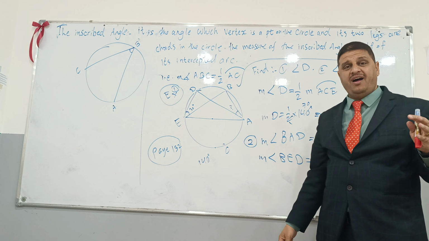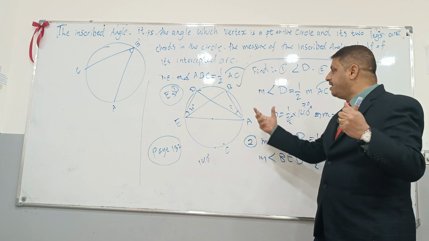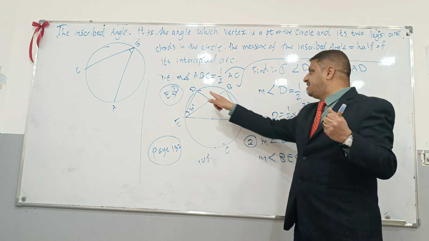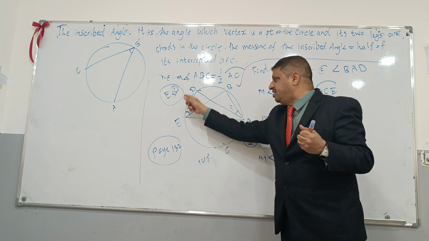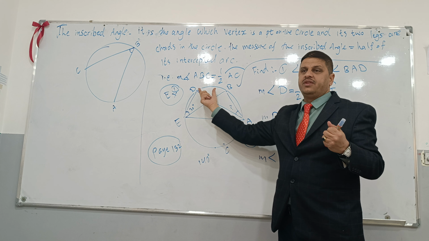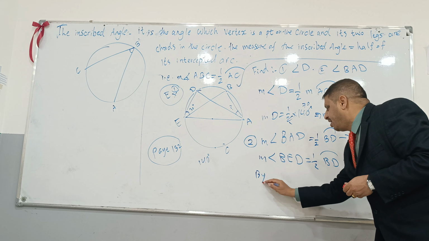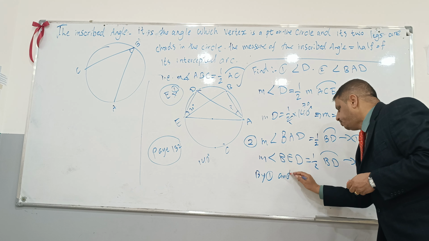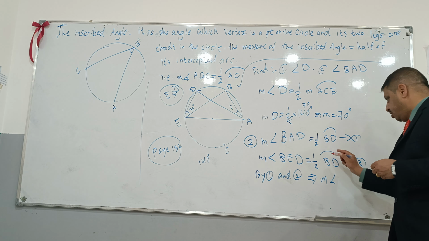I mean, if BAD equals half of the arc, then BED equals half of the arc. I mean, by 1 and 2, I get the measure of this.